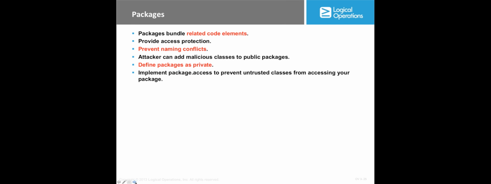Okay, so now let's move into some of the building blocks, if you will, the elemental phases of the architectures. We start with packages. First we define the package, as packages are bundled sets of related code elements.